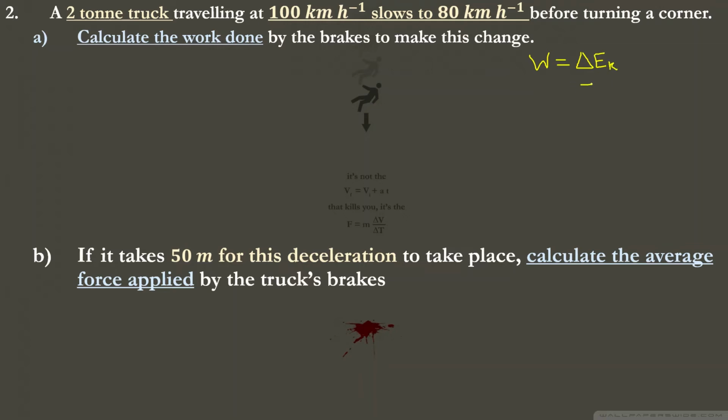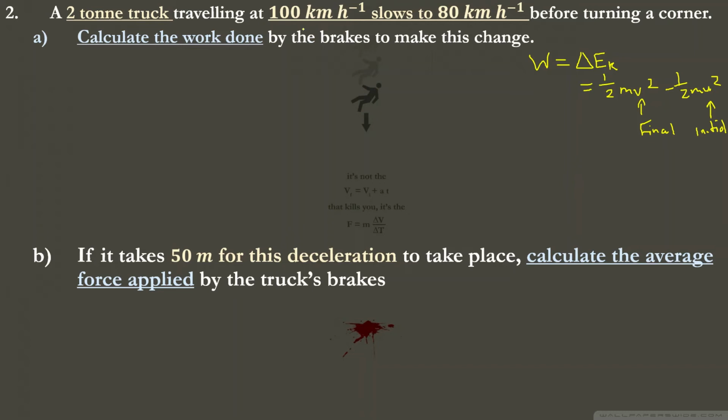And the change in kinetic energy, we said, is half mv squared, this is the final velocity, minus half mu squared, this is our initial velocity. Okay, so that's our equations there.